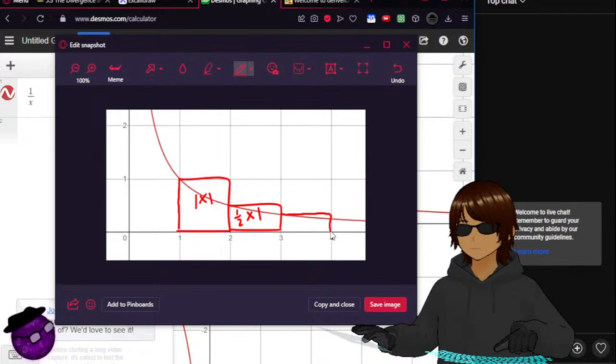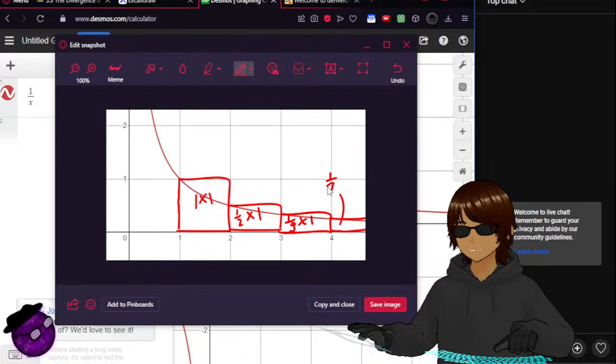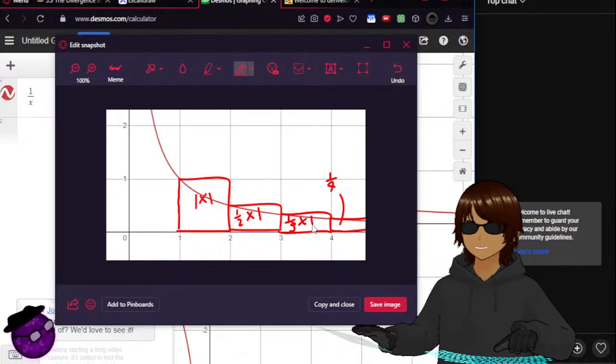And then this would be 1 over 3 times 1. This whole area over here would be 1 over 4. And these are the upper bounds, the area under the graph.